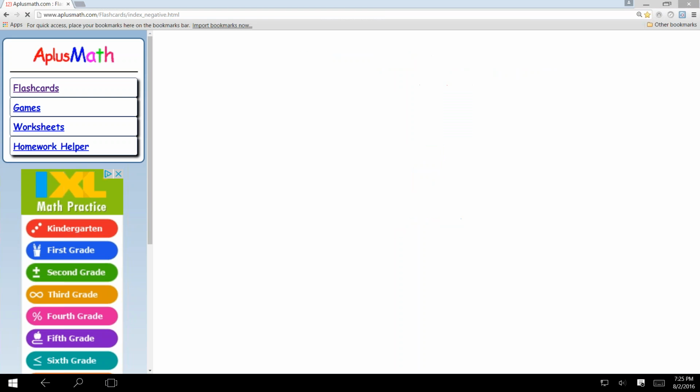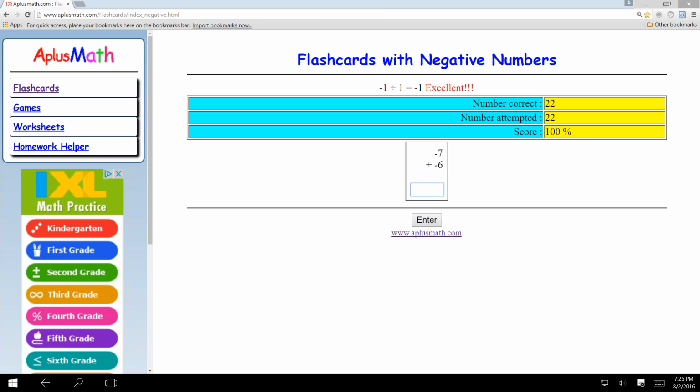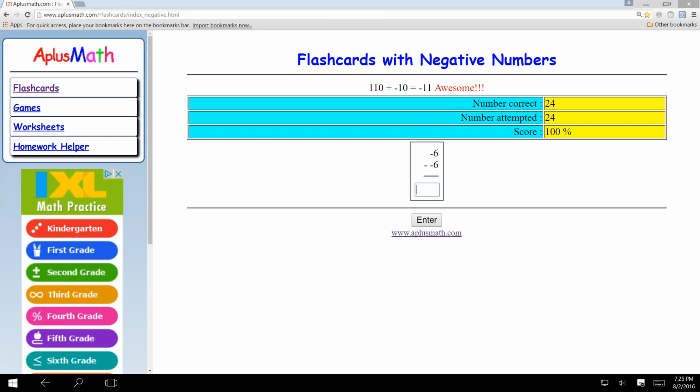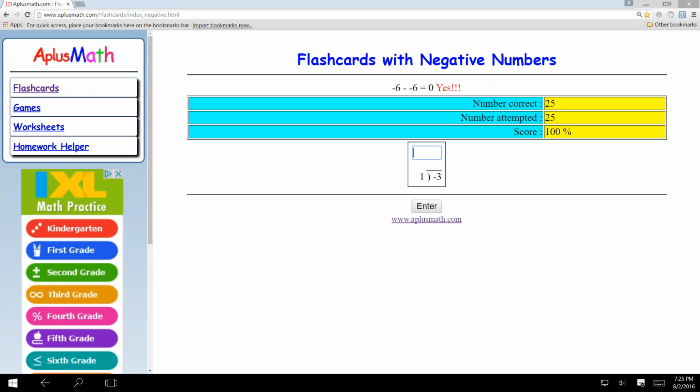Negative 1. Negative 13. Negative 11. Good. Negative 1.